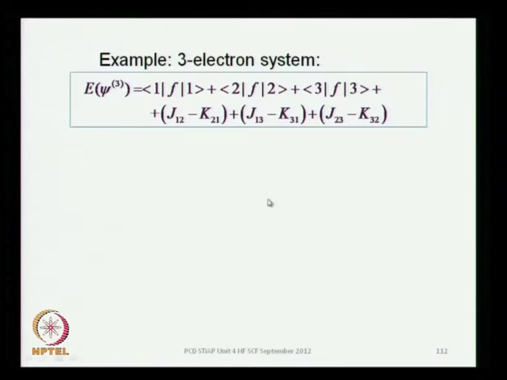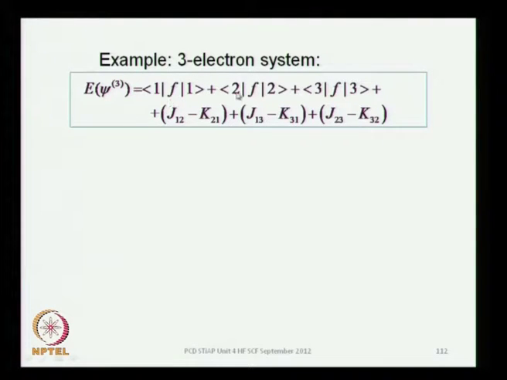Now, let us take an example of a 3 electron system, just to get some feel for these numbers. For the 3 electron system, the energy expression which we wrote on the previous slide will add up to these integrals.